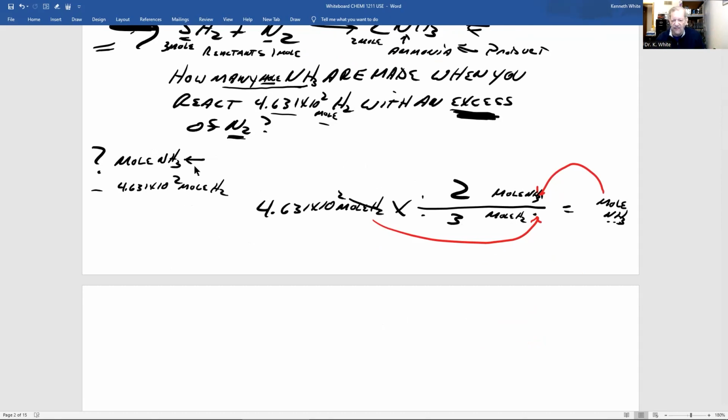moles of hydrogen divided by moles of hydrogen cancel out, because anything divided by itself equals 1. I'm left with the right unit. Now, I'm going to pick up my calculator and clear it. Multiply 4.631 times 10 squared times 2.